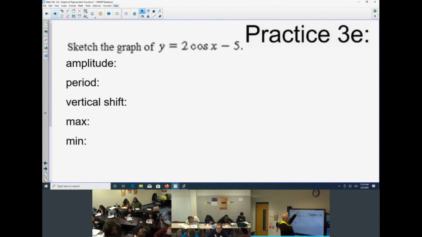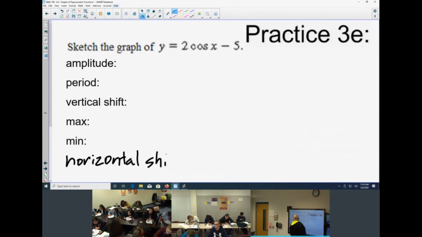So I'll just even write that. Now, of course, if you're doing this as a quiz problem or a test, you can always check your work in the calculator. So that's kind of nice.